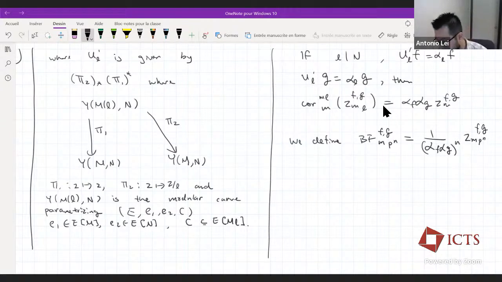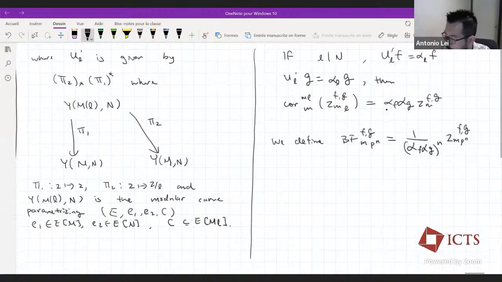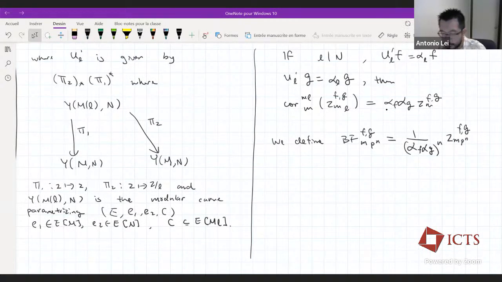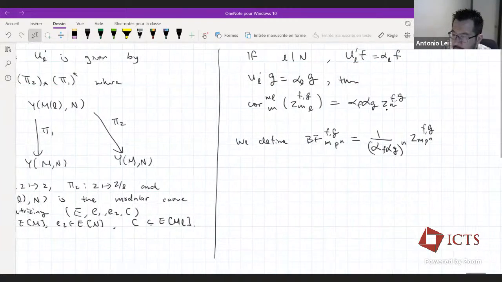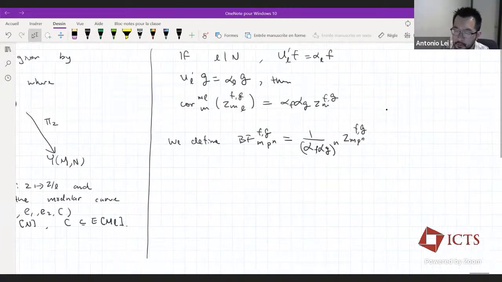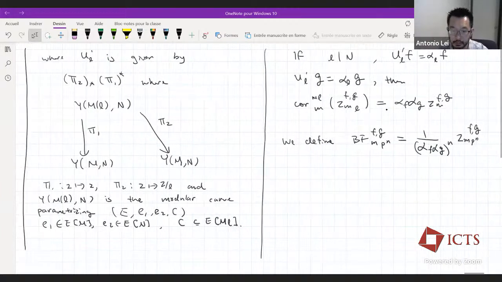Once you have modified your element like this, then you will get the right relation that you want. The problem is that here I'm destroying the integrality unless alpha F and alpha G are p-adic units. So what happens is this. You actually have to consider the ordinary case and the non-ordinary case separately.